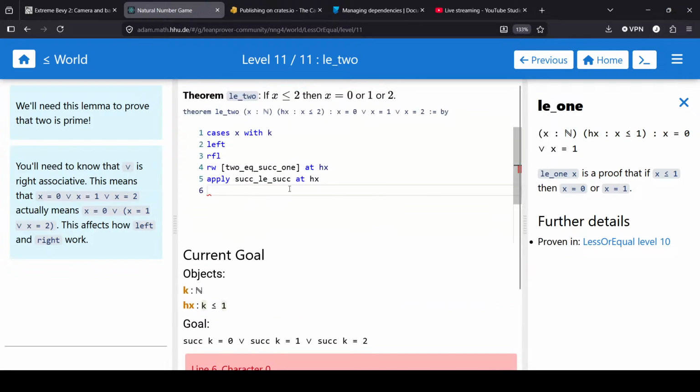Do I need to do like a right? So I end up with u, but then I can't change the associativity of the or. So I feel like I'm kind of stuck with this.